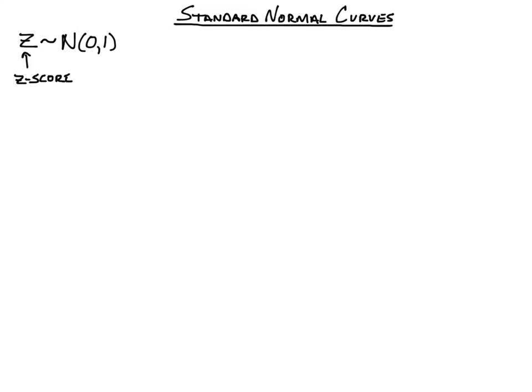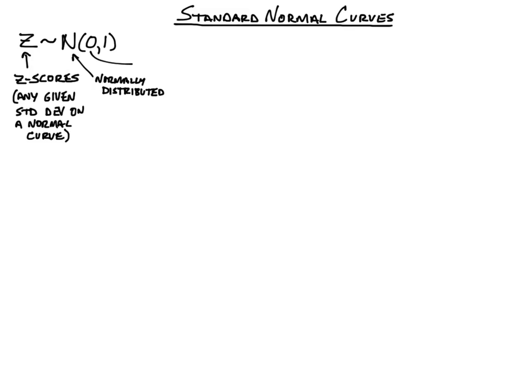Well, the Z represents Z-scores, and the Z-scores are really any given standard deviation on a normal curve, at some place along that line. N means that it's normally distributed. The 0 is our mean, or we use the symbol mu.